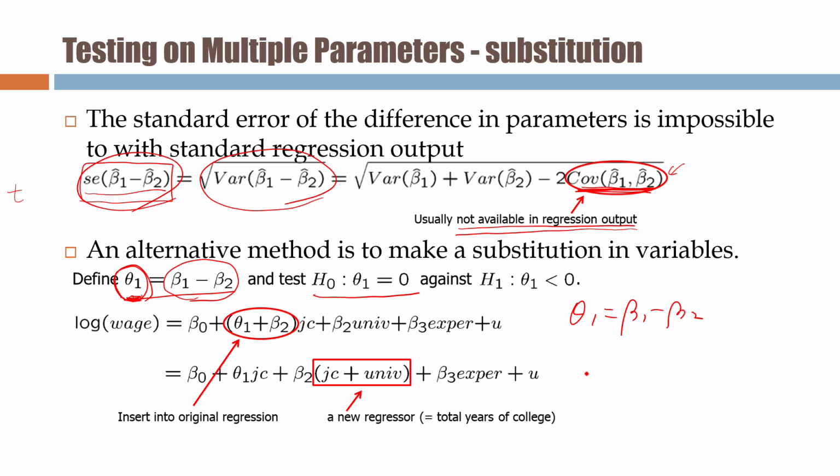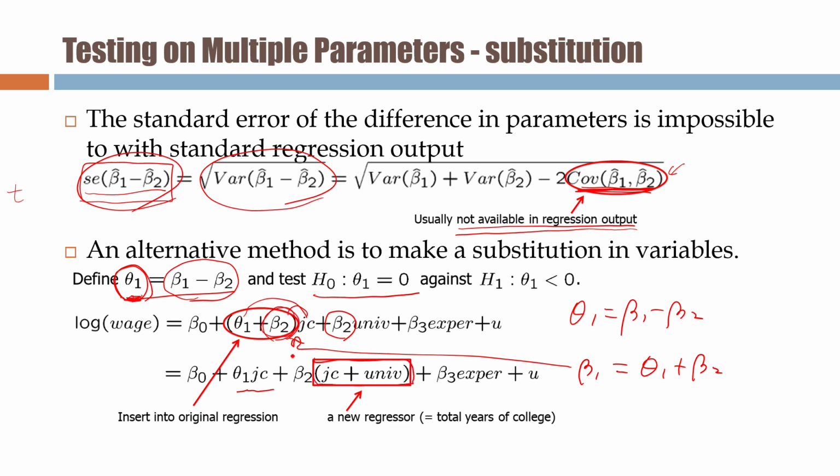So what we can say is beta 1 equals theta 1 plus beta 2, right? So we just replace it here, and then we expand. So beta 2 comes here and beta 2 comes here. Then you can rewrite, right?